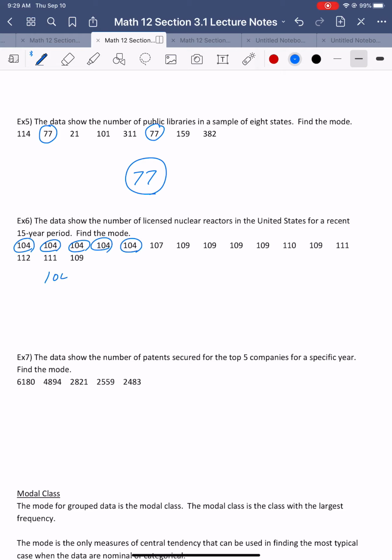So 104 has 5. 107 only one, but 109 has 1, 2, 3, 4, 5, 6. Oh, there's a 6. And then 110 there's only one. 111 has 2, but 112 has 1, right? So one number occurs the most, 109. So the mode is 109.